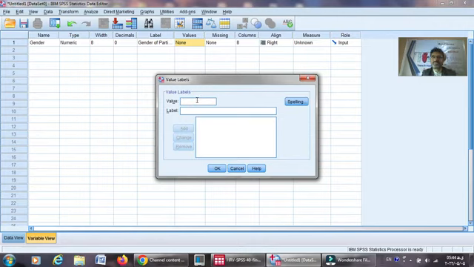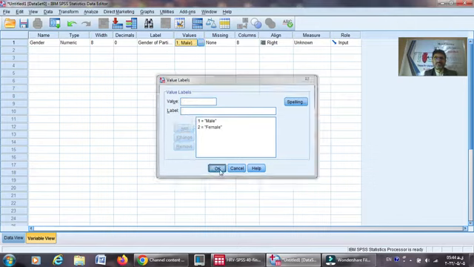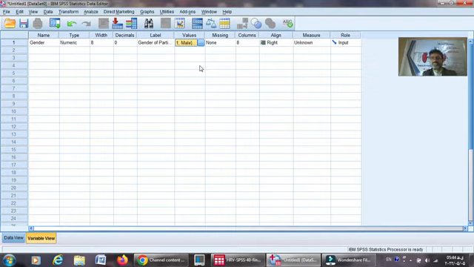Then we have to give values and labels for both groups. The first one, value 1 for label male, we can add here, and 2 for female. Then add, and okay. Now we have two values for two labels, or two gender groups.